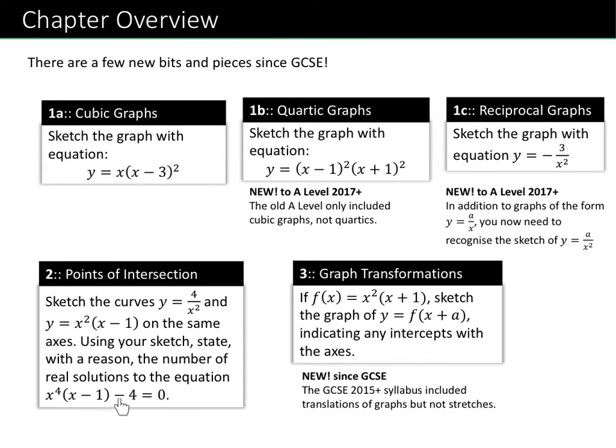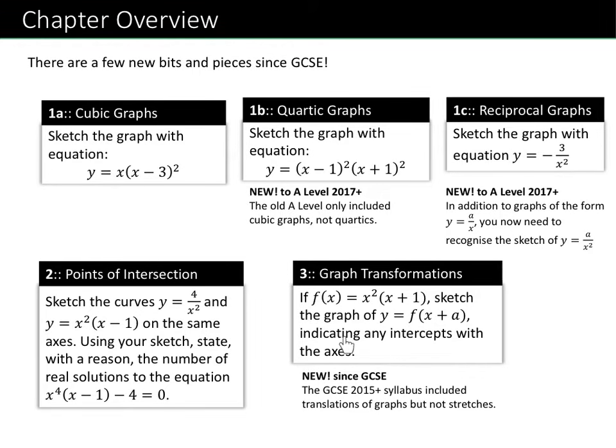Points of intersection. Now, we have done points of intersection before, mainly with a y equals mx plus c and a quadratic. So a straight line and a quadratic, we find the points of intersection using either simultaneous equations or the graph. It could be with another graph, but it could just be the x-axis, to find out where the solutions are, the roots.